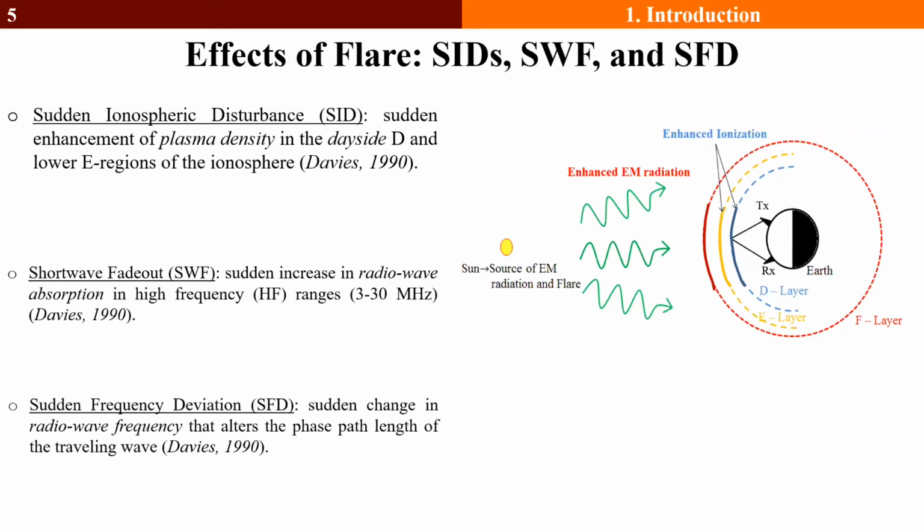To sum up, the sun shoots out highly energetic radiation, it intensifies the ionosphere, and the radio wave propagating through it first gets absorbed, and sometimes its frequency is altered. These two things happen following a solar flare, and together they are known as sudden ionospheric disturbance.